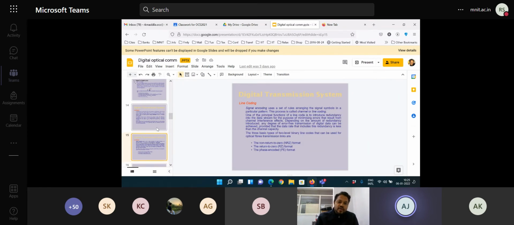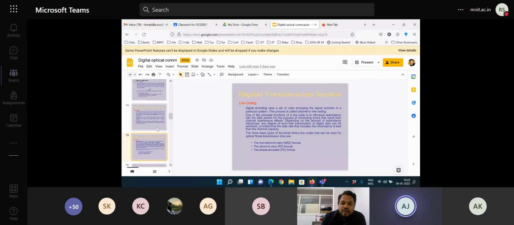Among these line coding techniques, there are not just these three, but many other formats which are used. The non-return to zero, return to zero, and the phase encoded format are just three of the many formats.